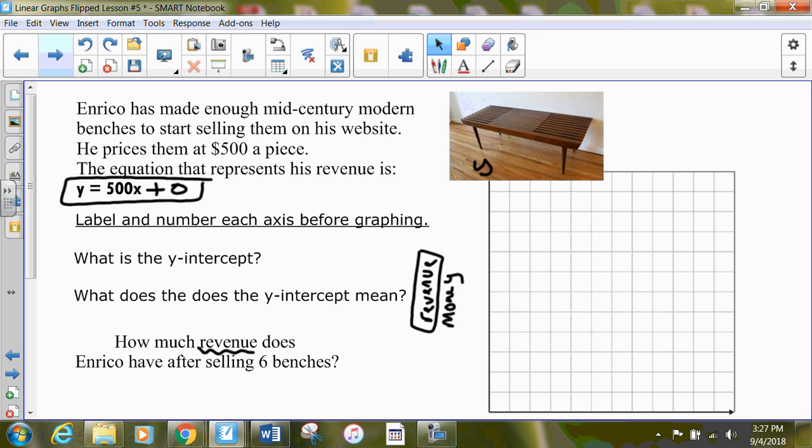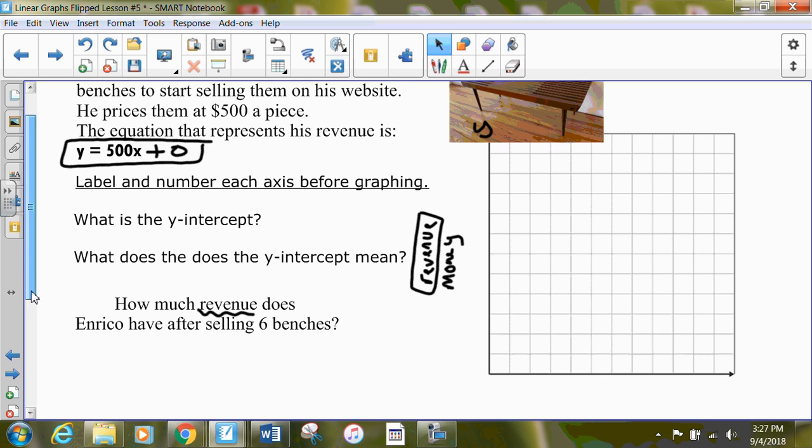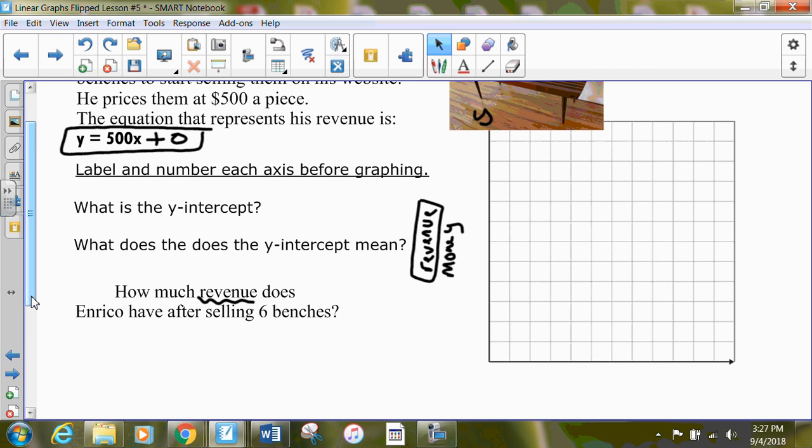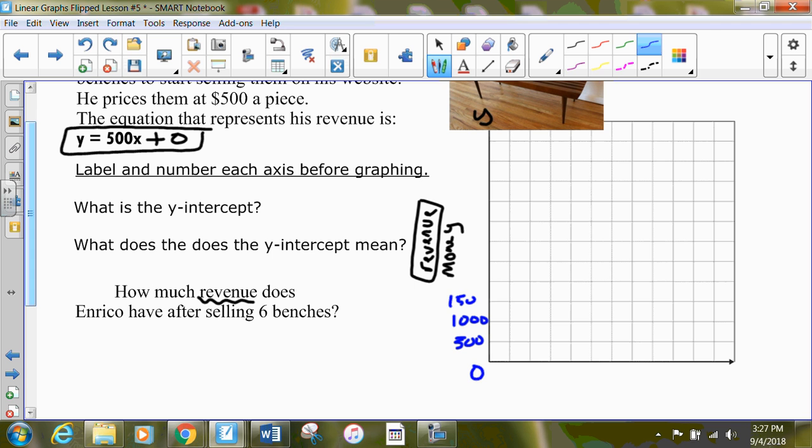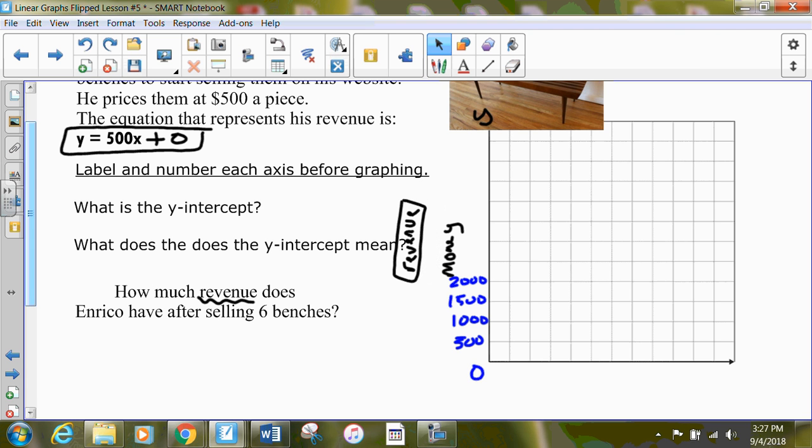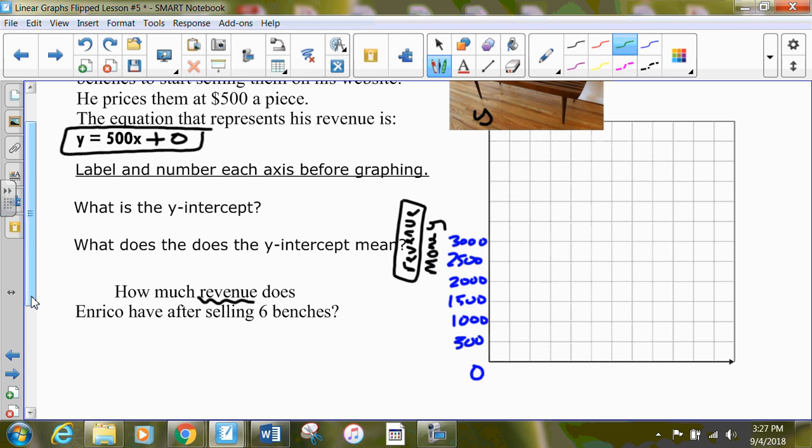So we're going to look at revenue, and we started out with 500. So we're going to go ahead and go up. Why don't we go up by 100? Does that sound good? Actually, let's see. If we go up by 100, that's not going to work. Let's go up by 500. So we'll go 500, 1,000, 1,500, 2,000, 2,500, 3,000.